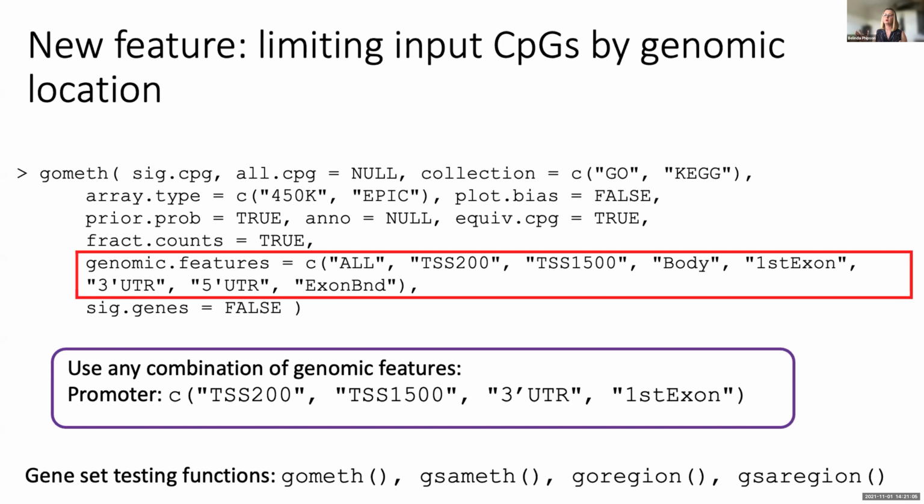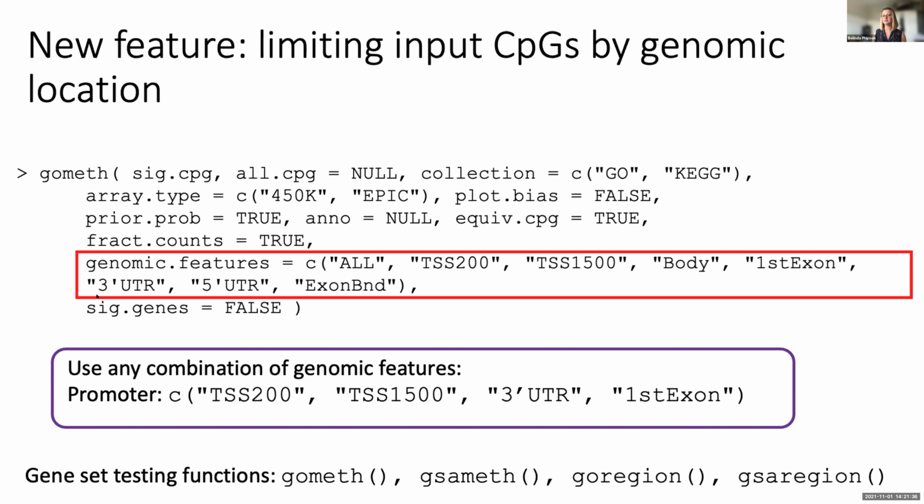And what we'll do is further filter the significant CpGs that have been passed to GOMETH to only include the CpGs within promoters of genes. And then you might be interested, for example, in only the methylation in the body of genes, because there might be different biological pathways that happen in terms of promoter methylation and body methylation. So you have the flexibility to look at that separately now.